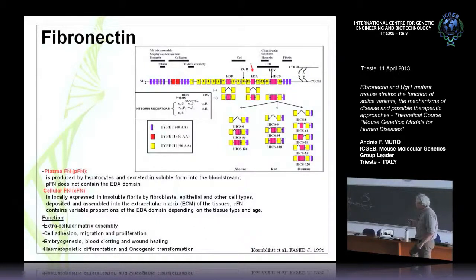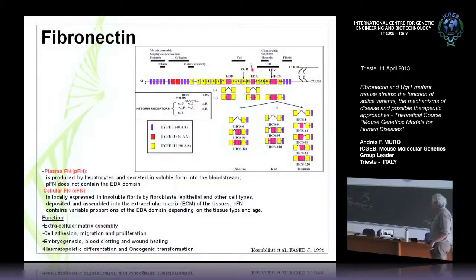It's a protein that is found in plasma, soluble in plasma. It is produced by the liver. The hepatocytes secrete plasma fibronectin that does not contain this exon and this exon. Instead, the form that is normally found in the extracellular matrices of tissues contains variable proportions of these 2 exons.